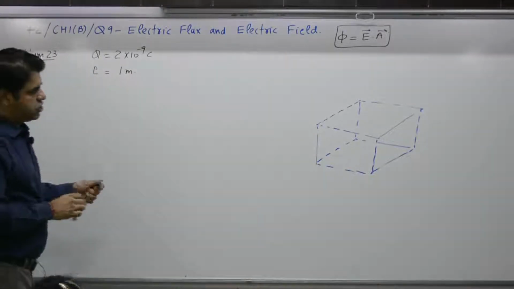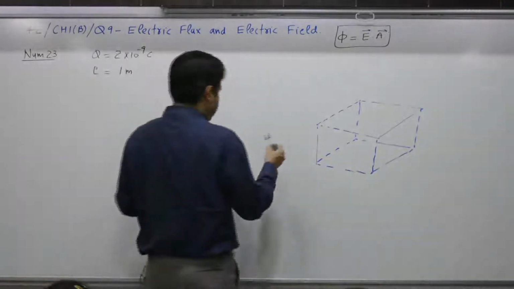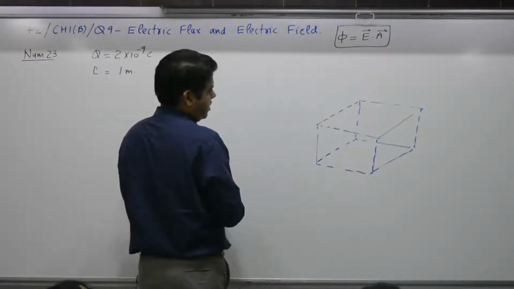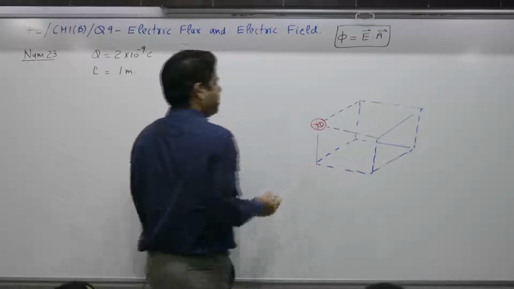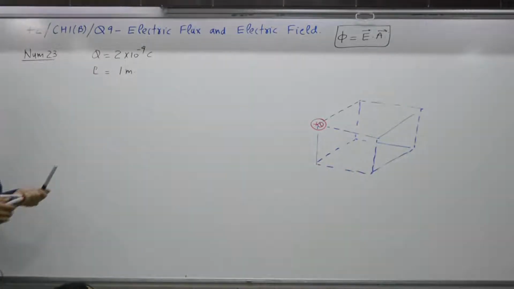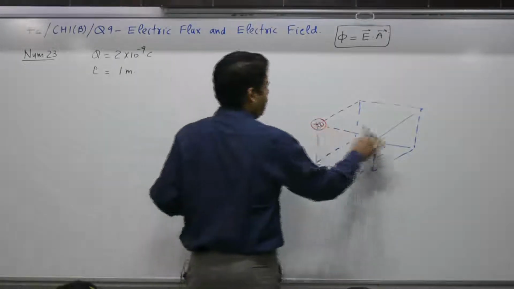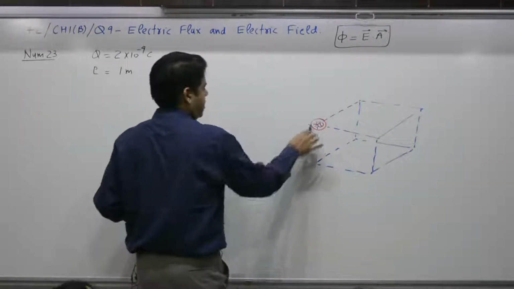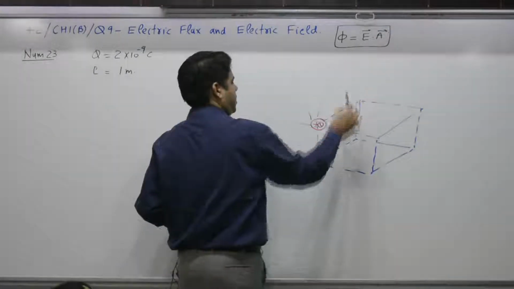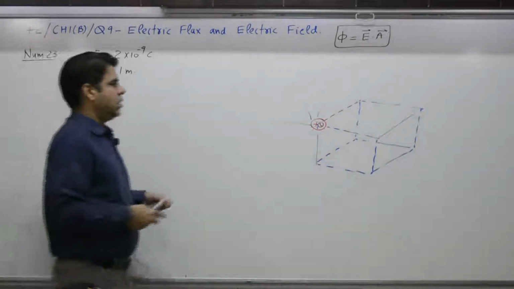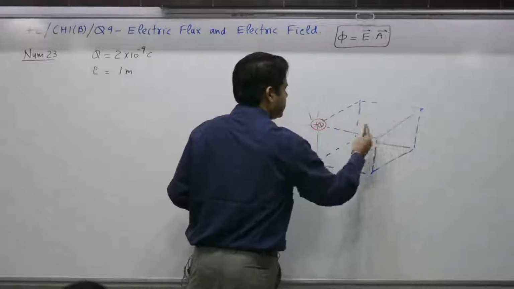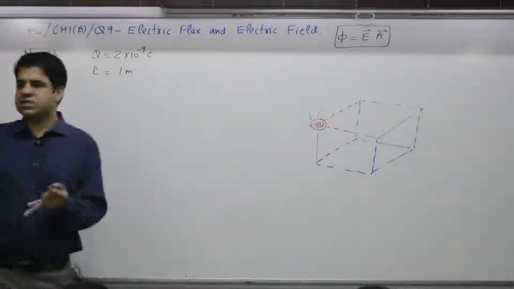There is a charge at the corner. From this charge, lines move in all directions. We have to find out how many lines pass through this cube. What is the flux through this cube?